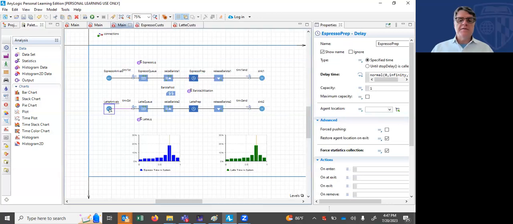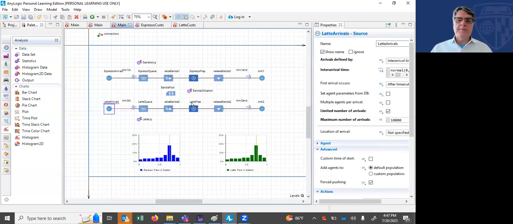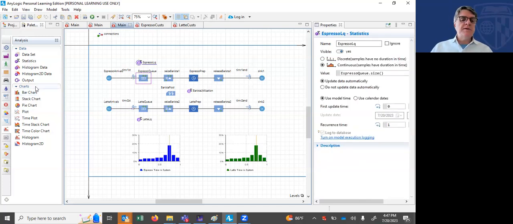And then very similar here, just different arrival time distribution parameters for the latte folks, as well as the service time distribution. As far as the statistics are concerned, I'm using this statistics block here to get, I'll just show you what's entailed there.